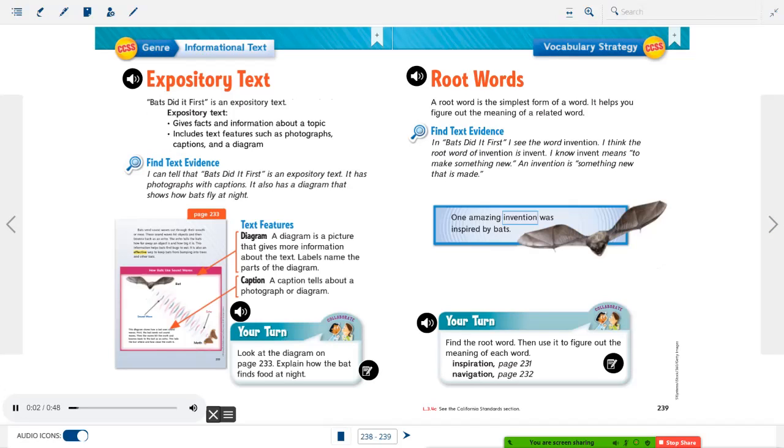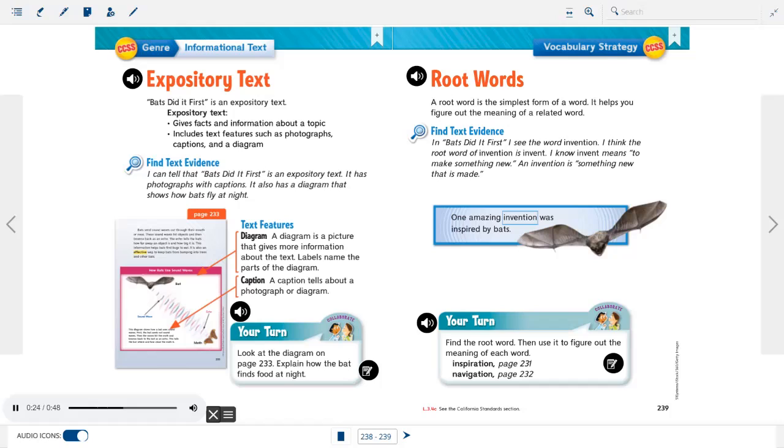Expository text. Bats Did It First is an expository text. Expository text gives facts and information about a topic. It includes text features such as photographs, captions, and a diagram. Find text evidence. I can tell that Bats Did It First is an expository text.